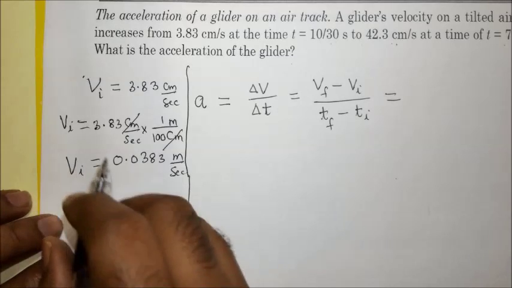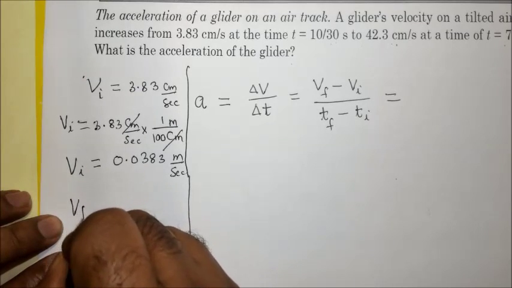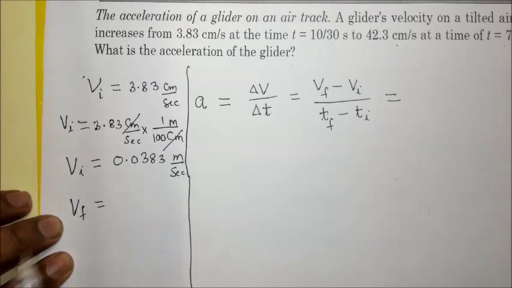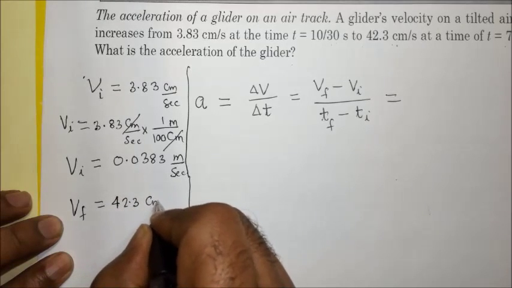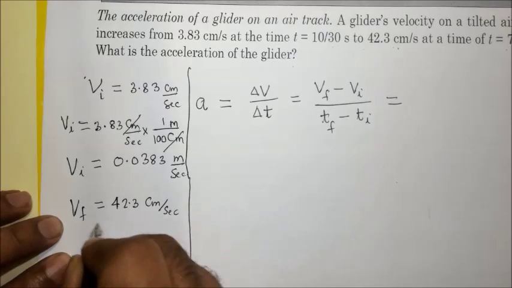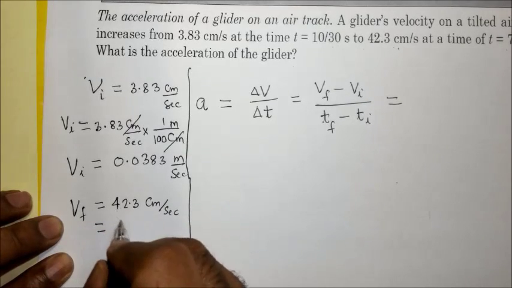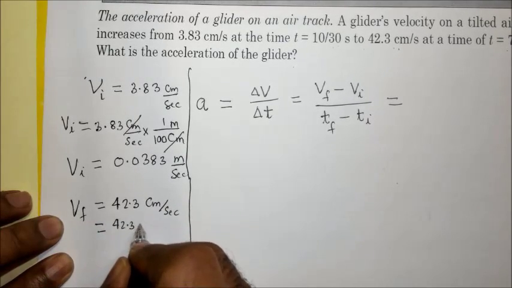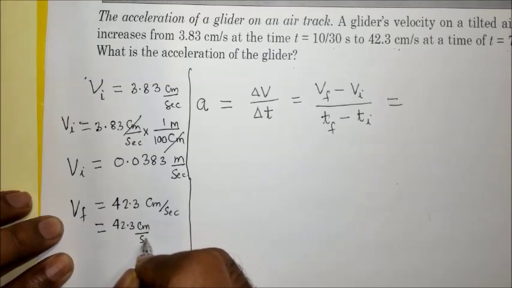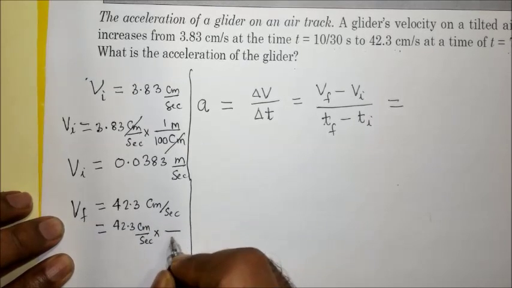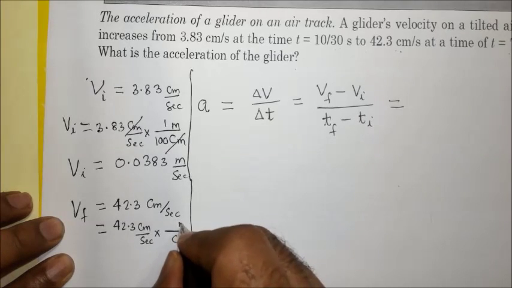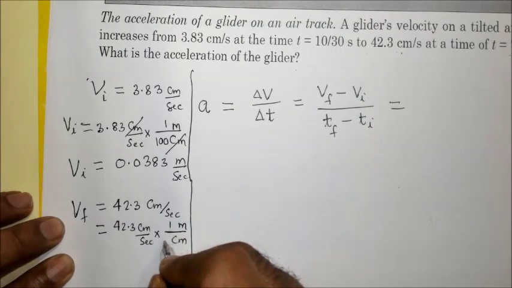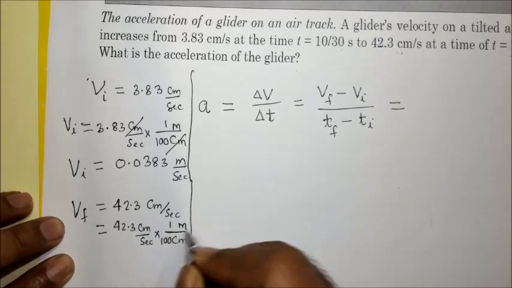How about V final? 42.3 centimeter per second. I need to cancel out centimeters, so I'll put centimeter in the denominator and meter on the top. 1 meter stands for 100 centimeter.